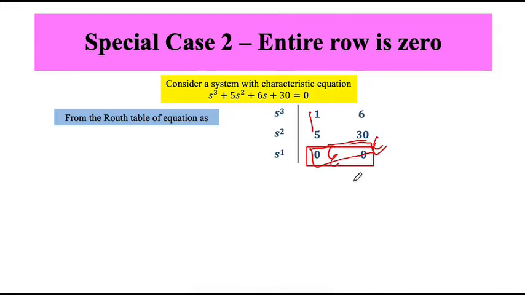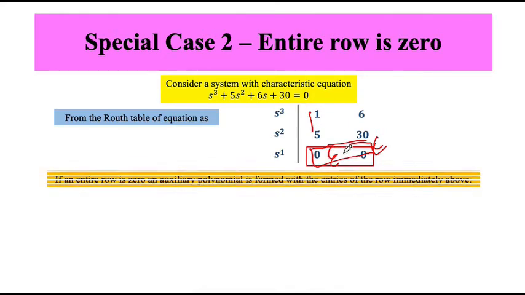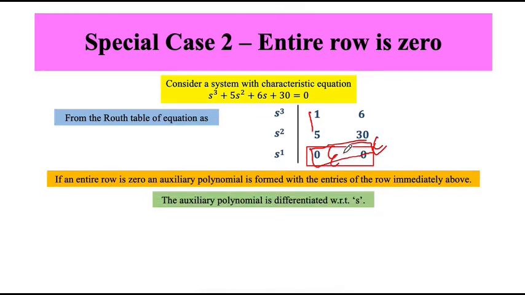We have to be a little careful: if the entire row is 0, we form something called an auxiliary equation or auxiliary polynomial. With the row immediately above this, we form an auxiliary equation from this row just above that 0, and then differentiate with respect to s.